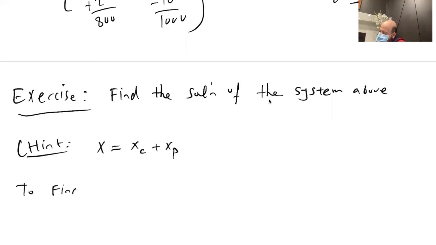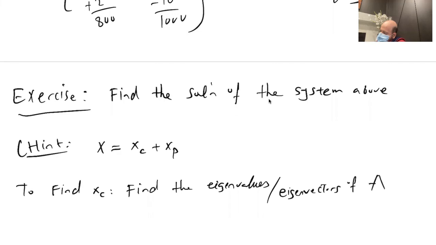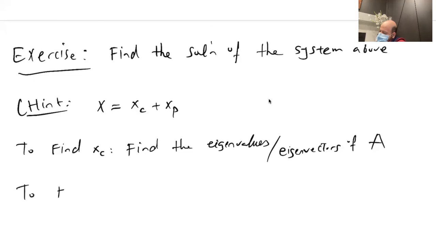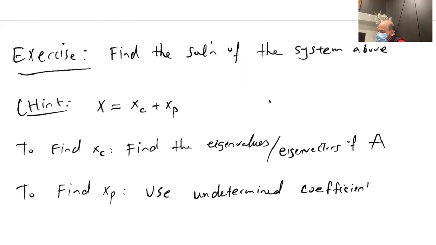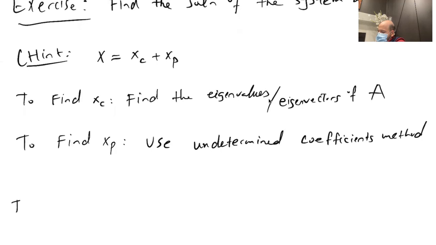So find xc, find the eigenvalues, eigenvectors of A. To find xp, the easiest way is to use the undetermined coefficients method, and then x equals xc plus xp.